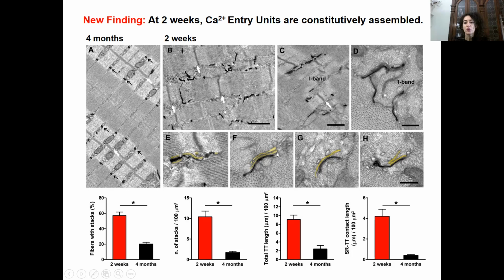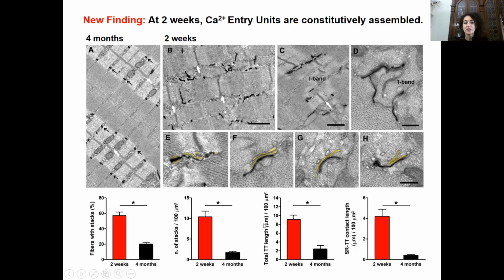What is new is that if we look closer at the longitudinal tubule at the I band, we now see that this tubule makes constitutively assembled junctions with the SR stacks. This is very well visible in these images and also in cross section, where I false labeled the SR in yellow, and the tubule is this one in black.